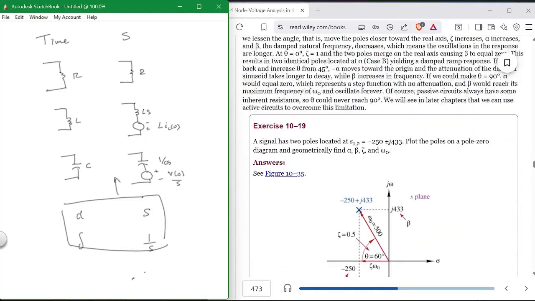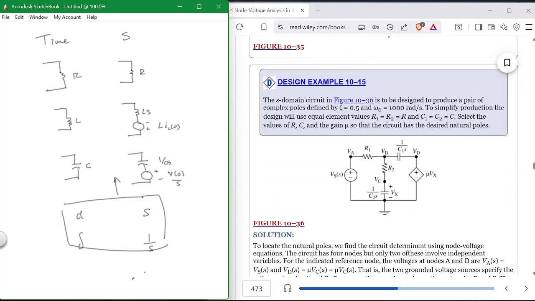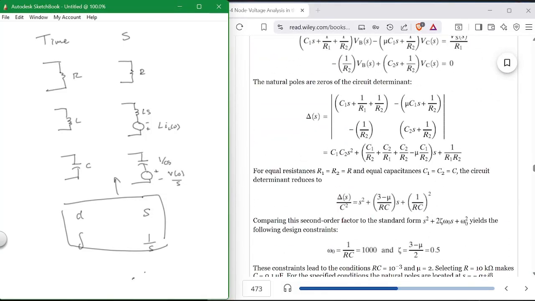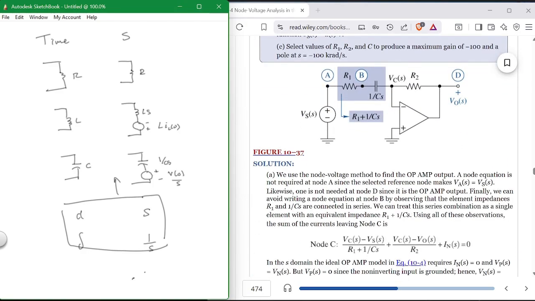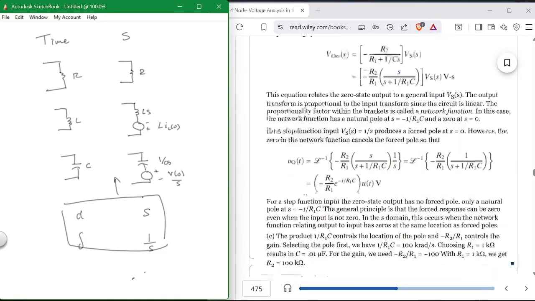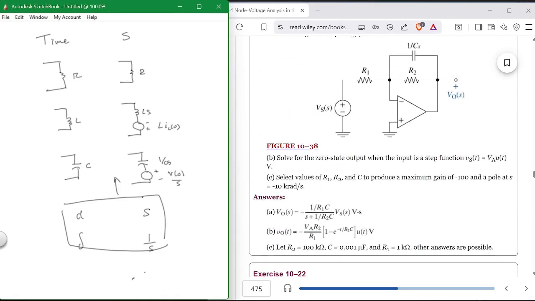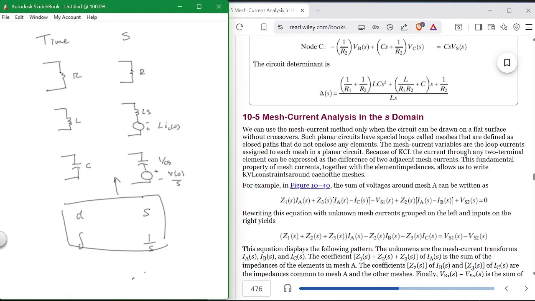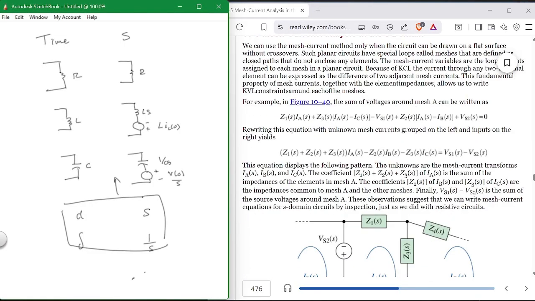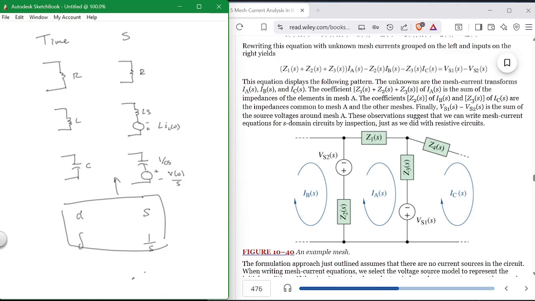Messy denominators. So anyway, I'm scanning this in so that you can have a copy of it if you want it. Here's your mesh. And I would expect you to be able to do this.